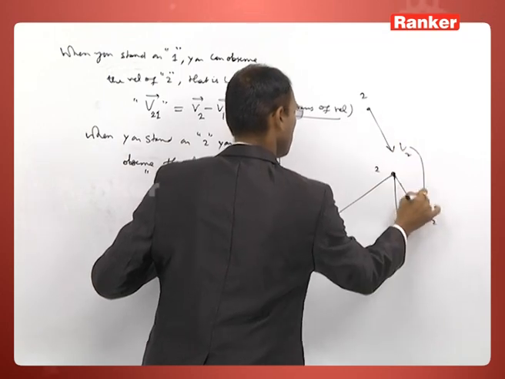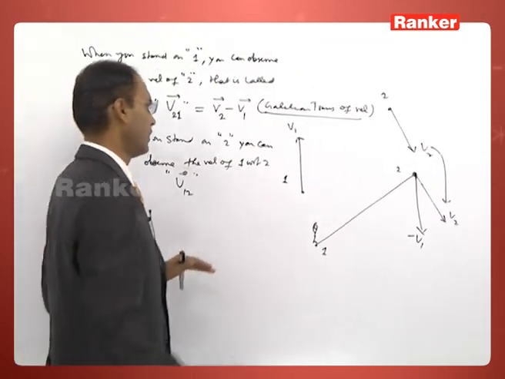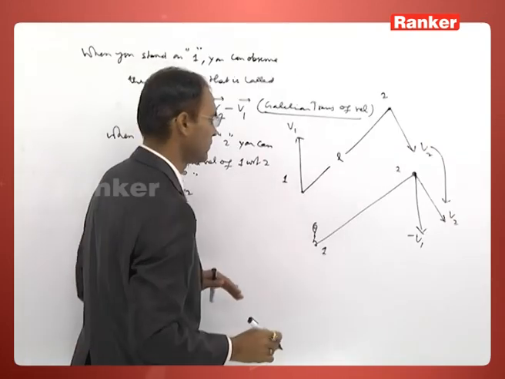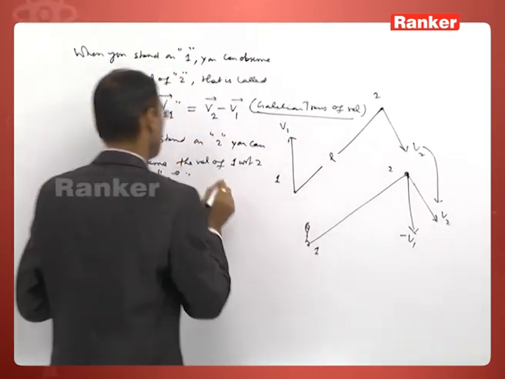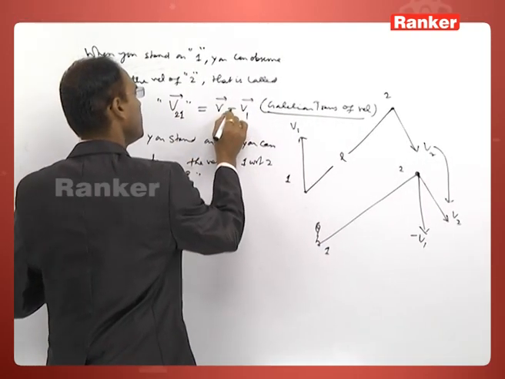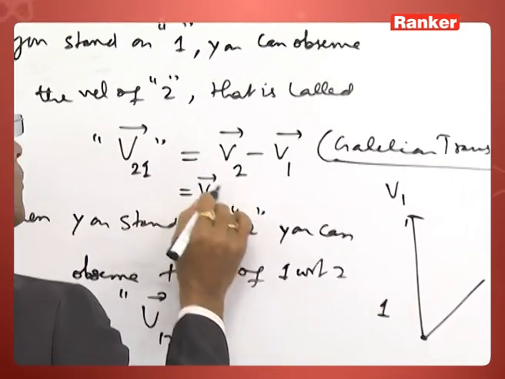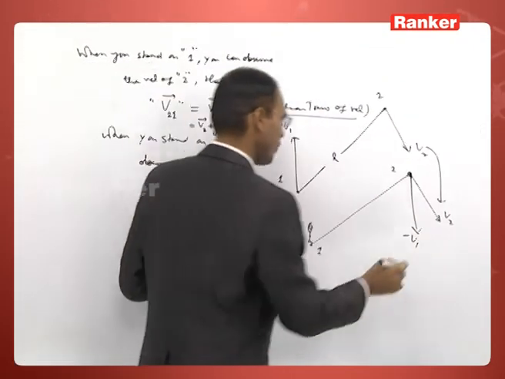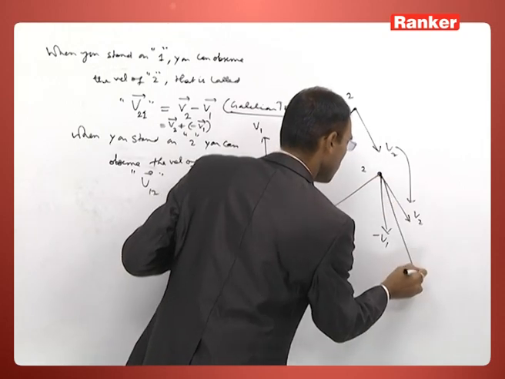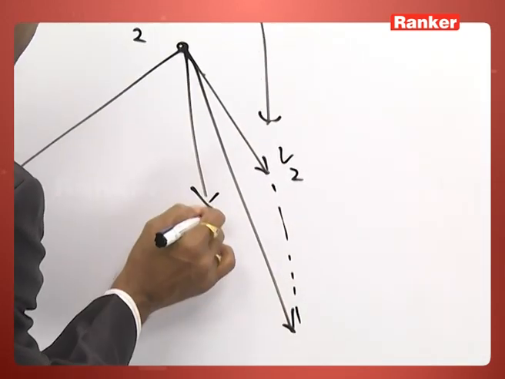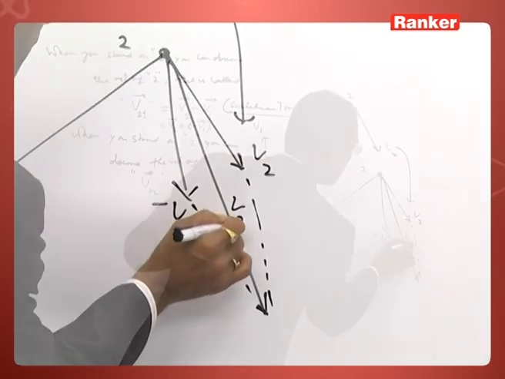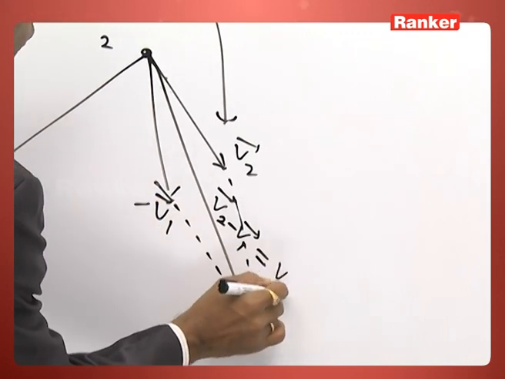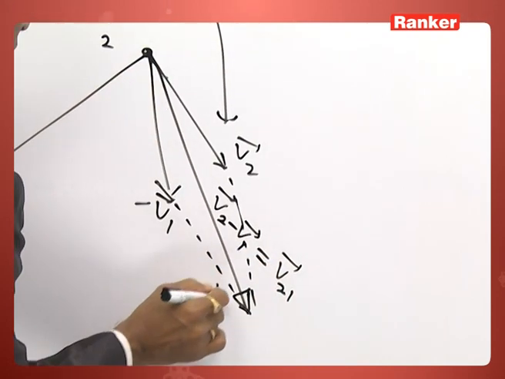This is the line joining. V2 minus V1 is nothing but V2 plus minus V1, so these two vectors V2 and minus V1 you add. If you add by the parallelogram law of vectors, you get the V2 minus V1 vector, and that's nothing but V21. This is the velocity of 2 with respect to 1.